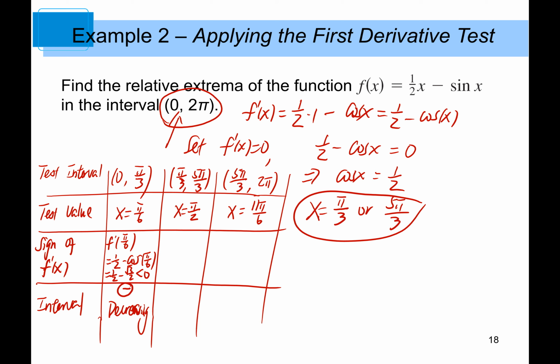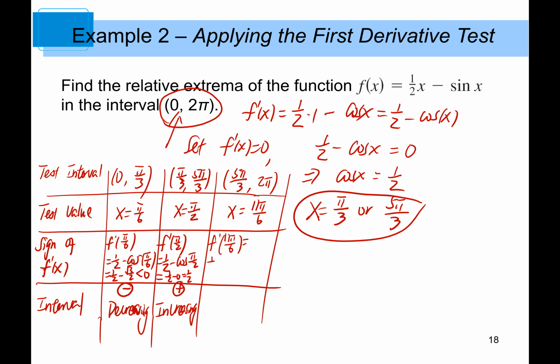And second test value, f prime of pi over 2. So we end up with half minus cosine pi over 2. Cosine pi over 2 is 0, so it's half minus 0, which is half. And this is positive. So this interval is an increasing interval. The last interval test value is 11 pi over 6.